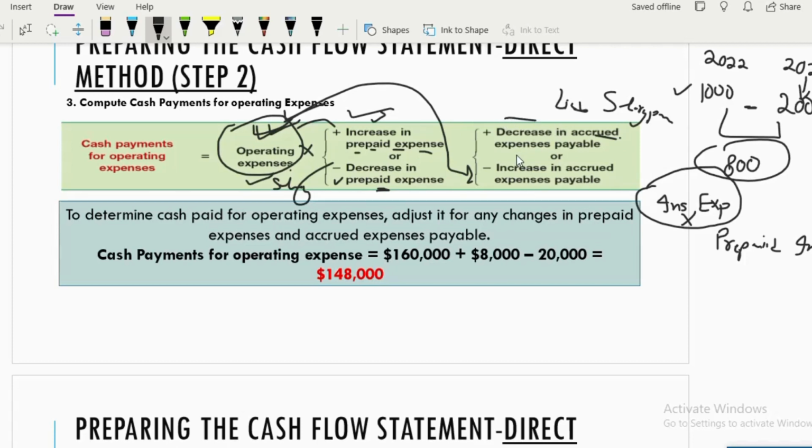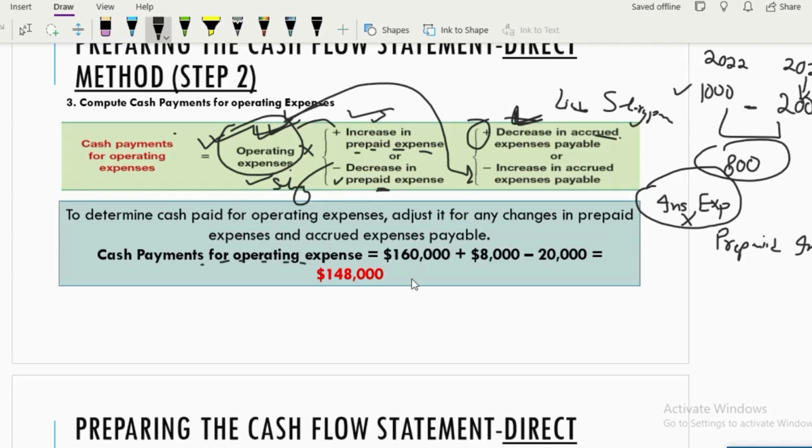Decrease, your liability decreases when you pay it. So if your accrued expenses payable are decreasing, it means that you are not only paying for current year operating expenses, you are also paying some of the liabilities from the previous year. So payment is not only for this, also for this. So add decrease in accrued expenses payable. So how do we calculate cash payment for operating expenses?